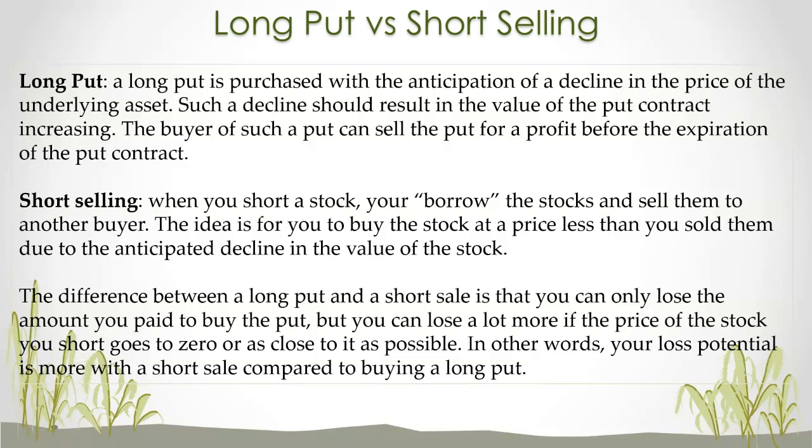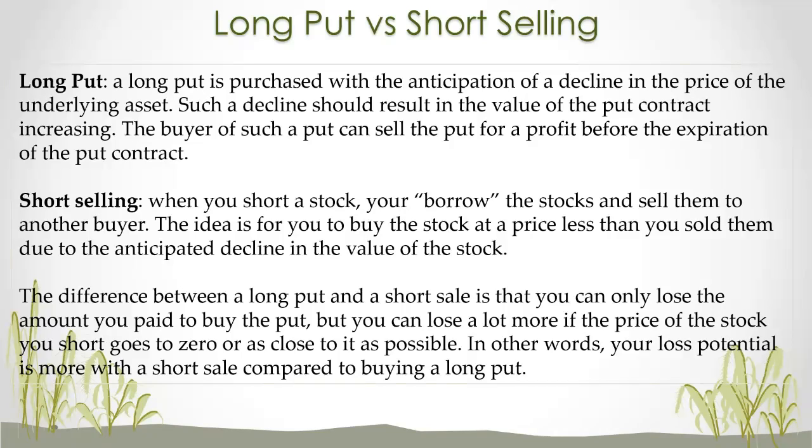The difference between the long put and the short sale is that with the long put, the maximum amount you can lose is the amount you paid to buy the put. The worst case scenario here is that the price of the underlying asset does not drop to that amount and the contract expires worthless and you cannot sell the put for a profit.